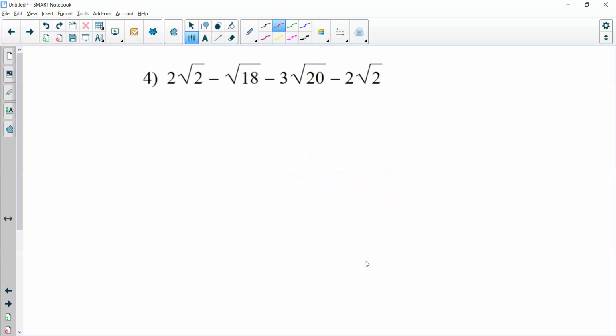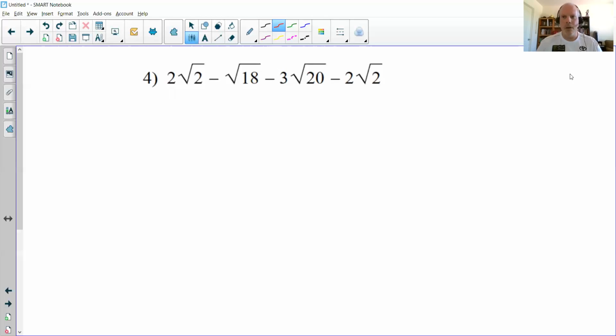All right, let's look at a few examples from the assignment. Number 4 from the assignment, we're pretty much combining like terms here. What we want to do is simplify each radical so that we can add together like radicals.